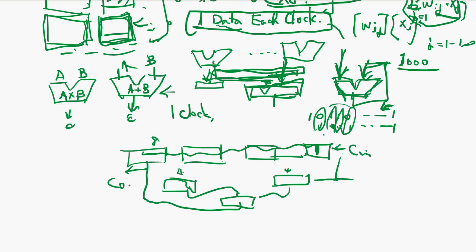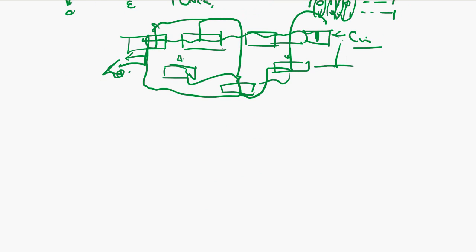So it goes through at least 1, 2, 3, and 4 stages of calculation to calculate this, and that can be shortened using so-called ternary logic.